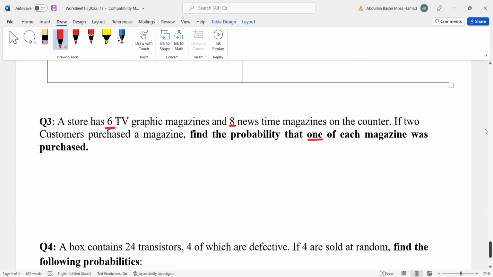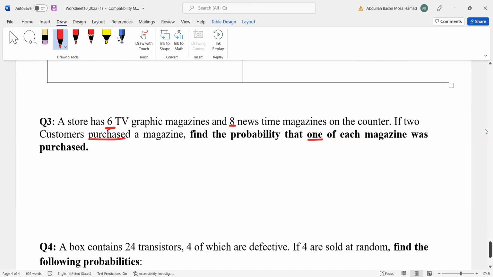Let's see, is it binomial or is it hypergeometric? As we mentioned, the only difference between the two is that trials are independent for binomial and dependent for hypergeometric.